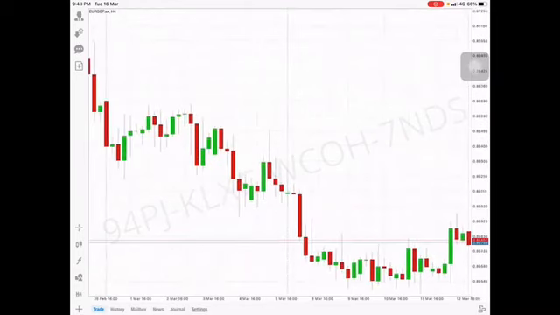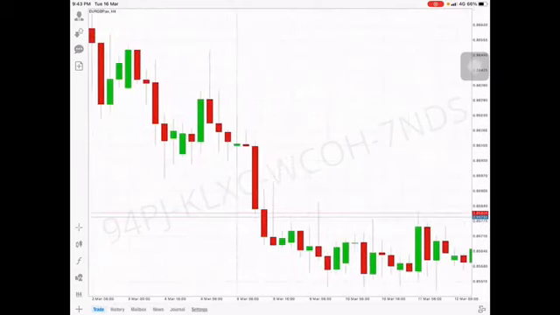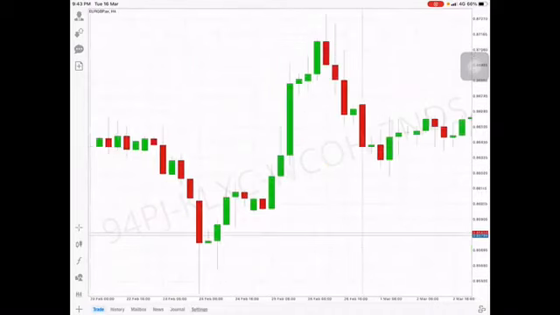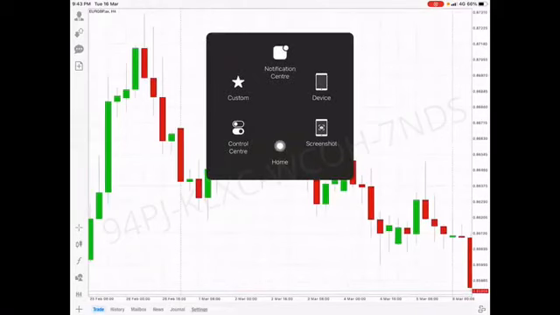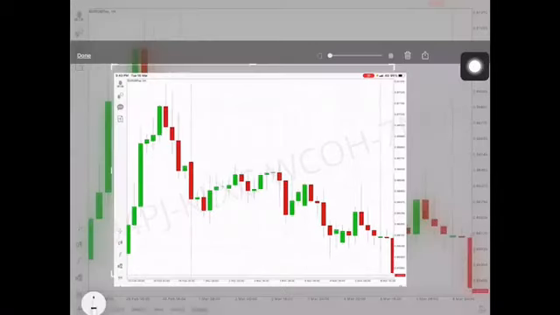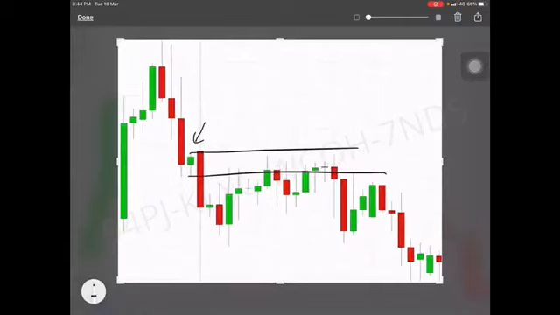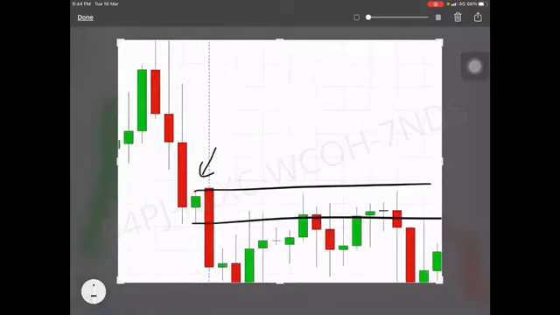Now you look at this. Let me see if I have examples for you. This one, do you see this? Is it engulfing sell or engulfing buy?